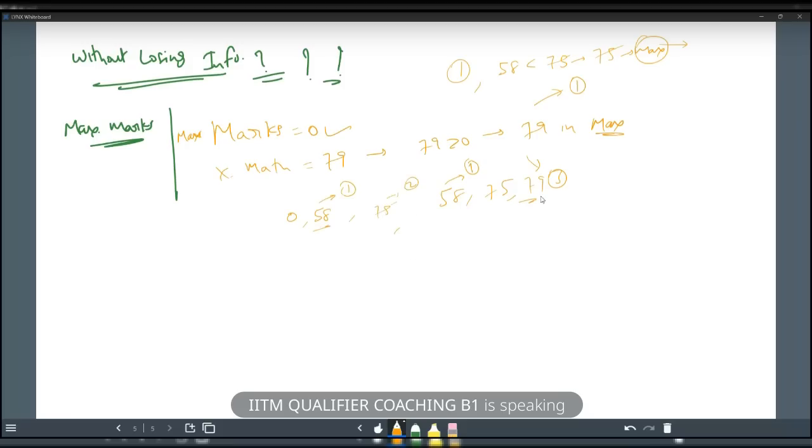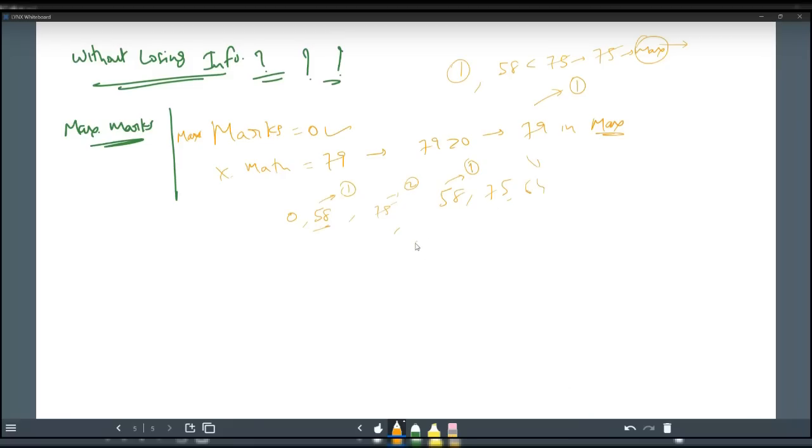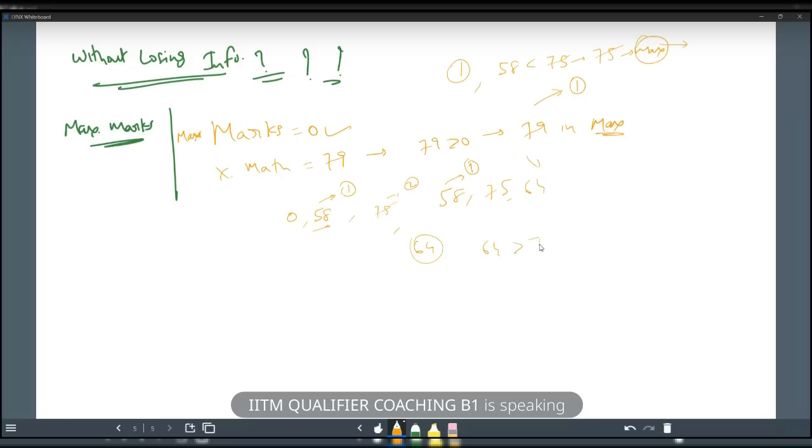And let us say that the third card is not 79. Let us say that it is 64. Again, 64 is less than 75. We need to take into consideration only that the card has been read, but not store its information.